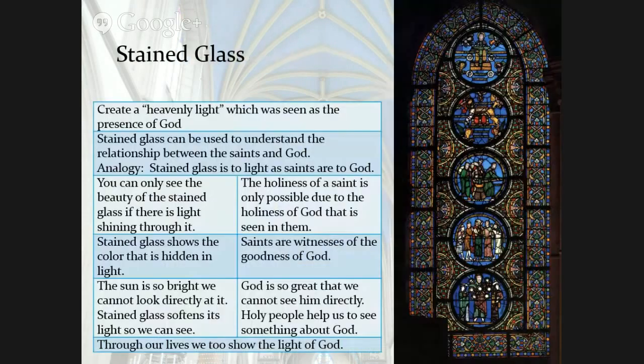So also during the Middle Ages, stained glass becomes very important. We'll look at its role in the church another time, but if we look at some of the theology of stained glass, within the church building, what you're going to be creating is a heavenly light of the presence of God. In a different way than the icon was portraying a heavenly light.